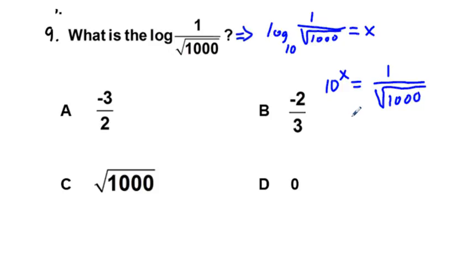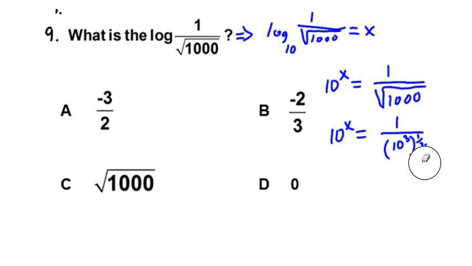And so what we have here, we can rewrite this on the right as 1 over, we can write 1,000 as 10 to the third power, and we make that the square root of that, to the 1/2 power. And that's in the power position.